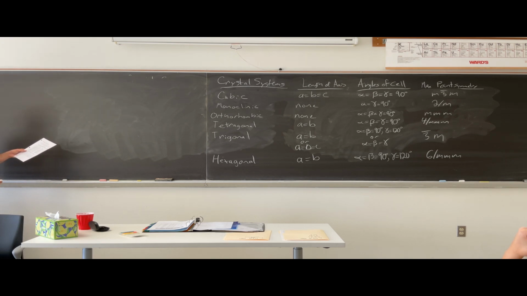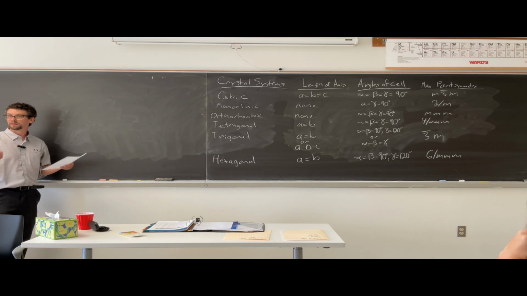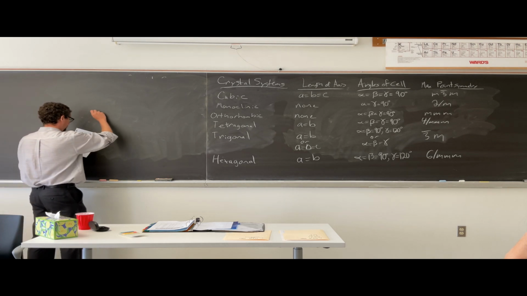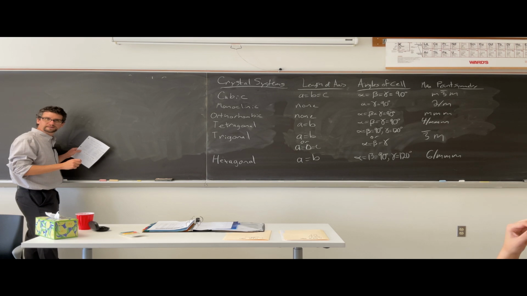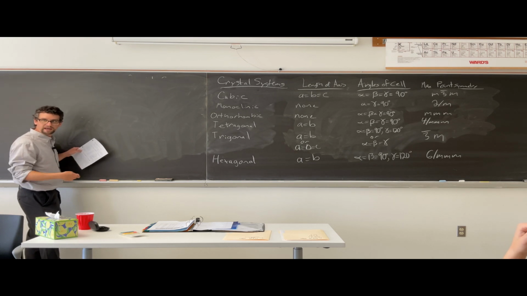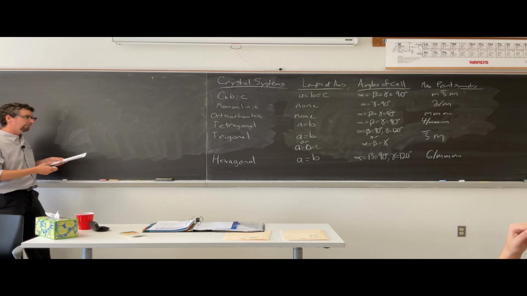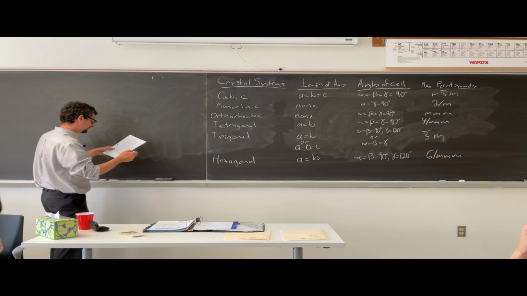Okay. These work fine for the lattices. But what about when we have more lattice points and we have some atoms incorporated in here? That's going to change things up a bit, and we can actually introduce more symmetry elements.